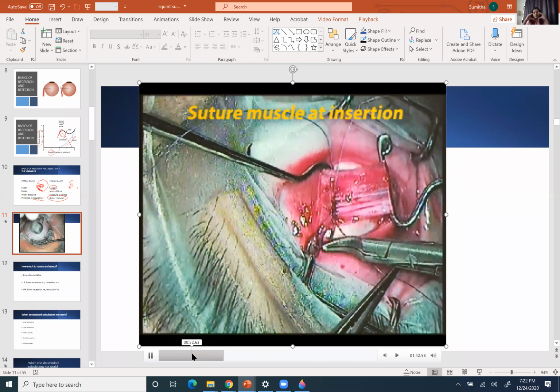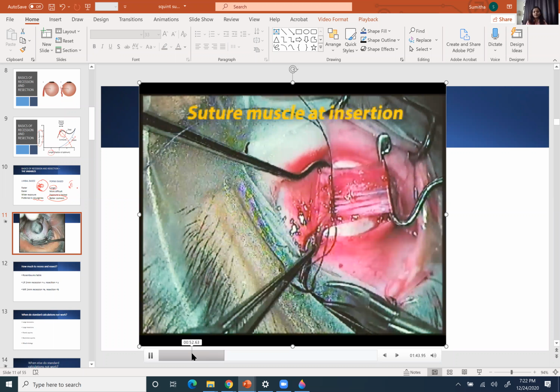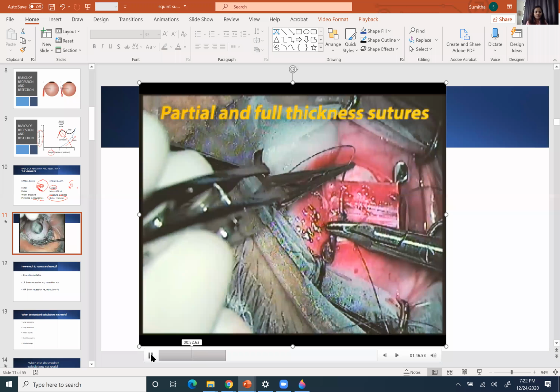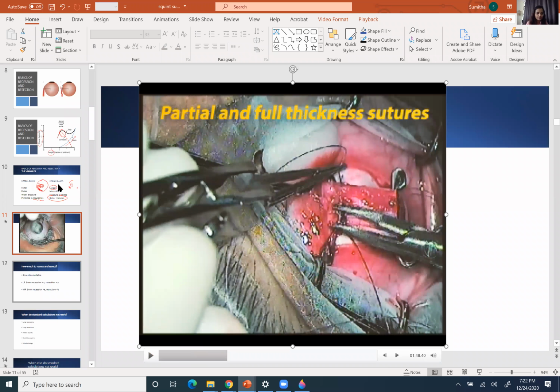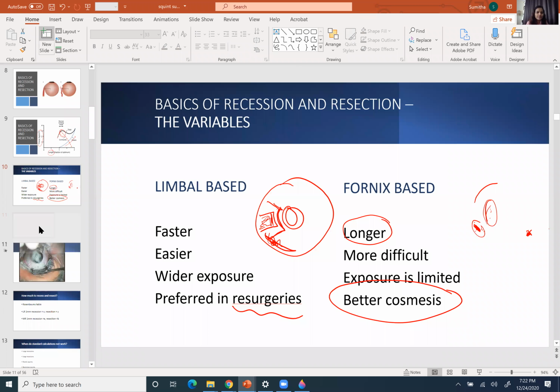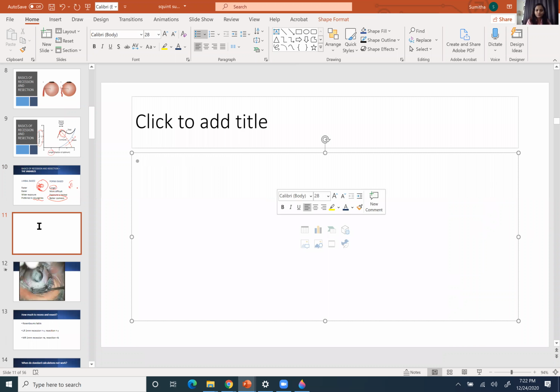So you have a muscle there. Let me show on an empty slide. This is the cross section of the muscle that I'm showing. Initially the incision you take using a double arm suture goes this way.